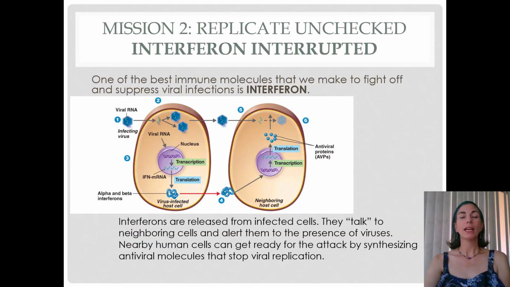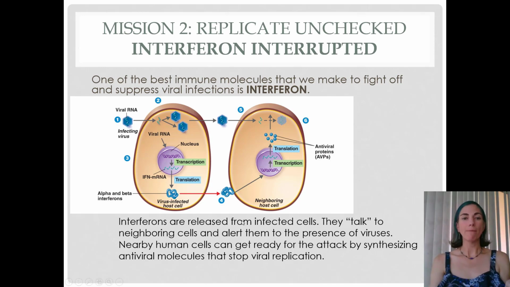In addition, it turns out that our cells have kind of a warning communication system with a molecule that is known as interferon. And the name is exactly what it suggests, to interfere with something.